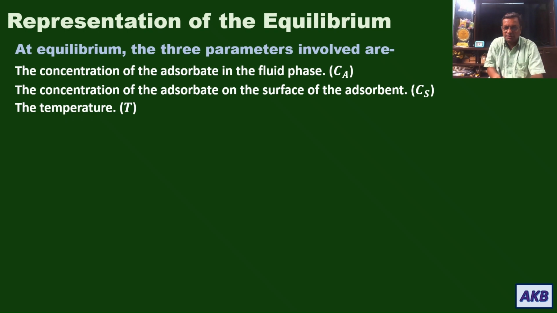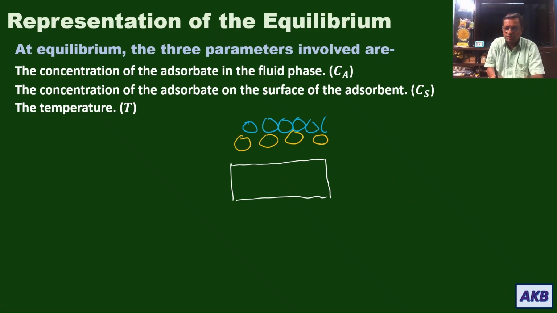So the case is you have the adsorbent and you are contacting this solid adsorbent phase with a fluid phase. It could be either a liquid solution or a gaseous mixture. Let us say that it is a gaseous mixture of 2 components, A and B. So the yellow molecules are A molecules, and the blue molecules are B molecules.